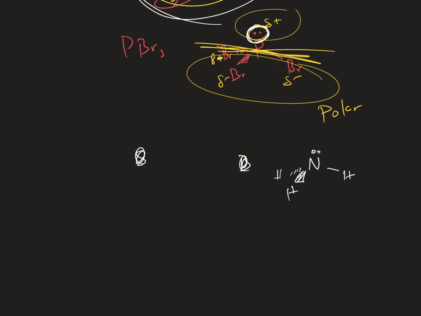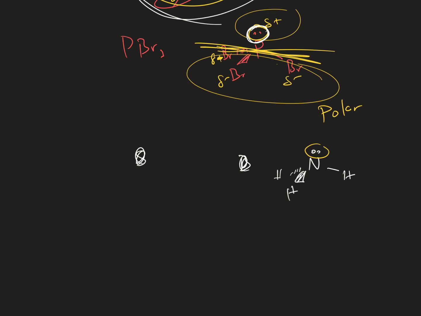How many lone pairs are around the central atom? One, right here. There are 2 electrons, but let me say this. On the test, I believe it asks how many lone electrons are around the central atom.